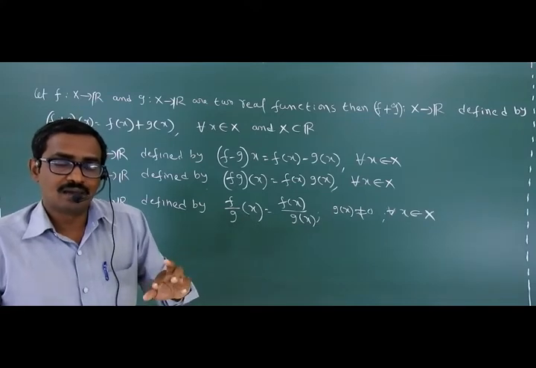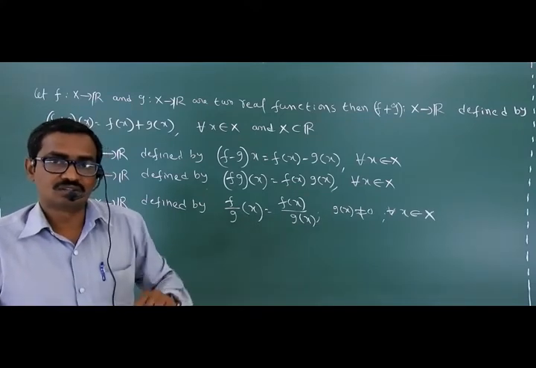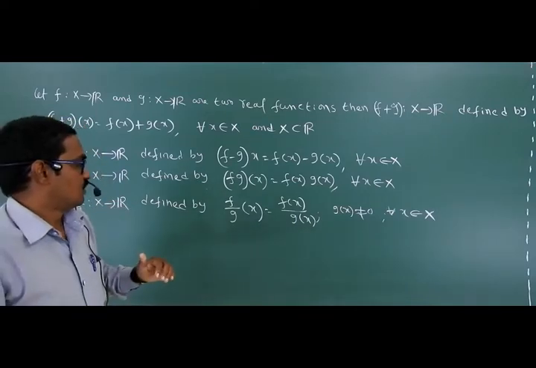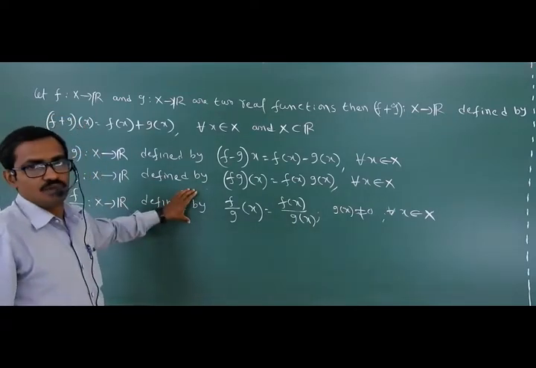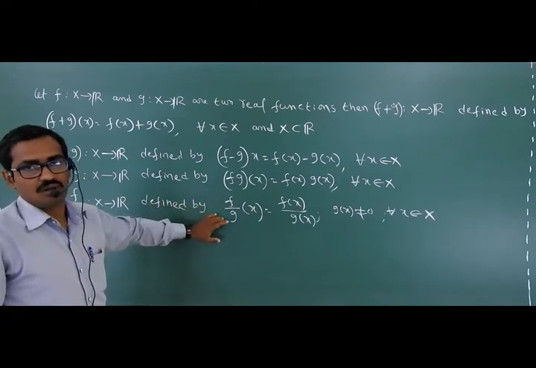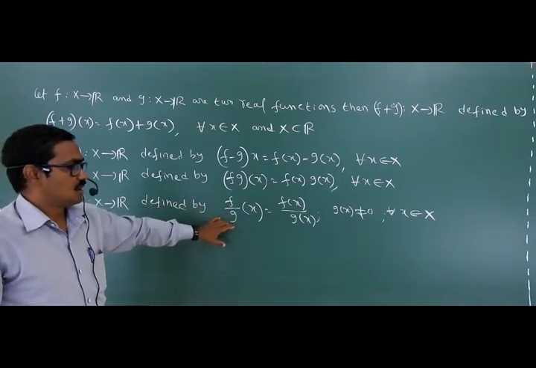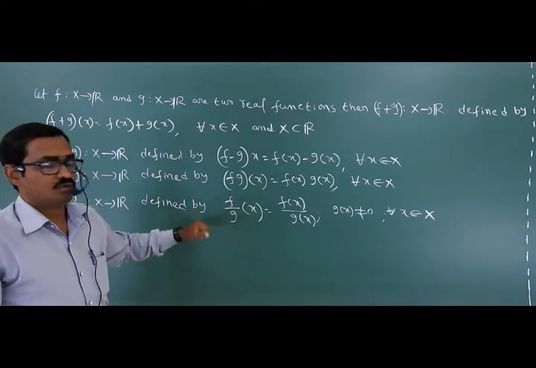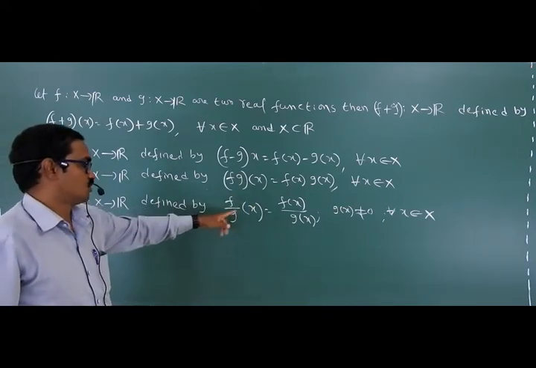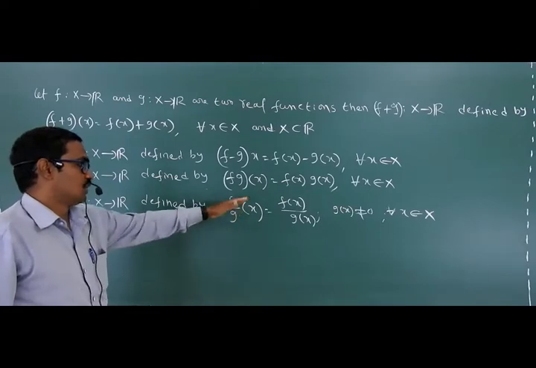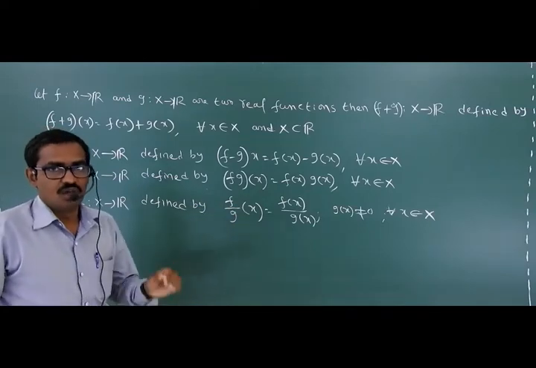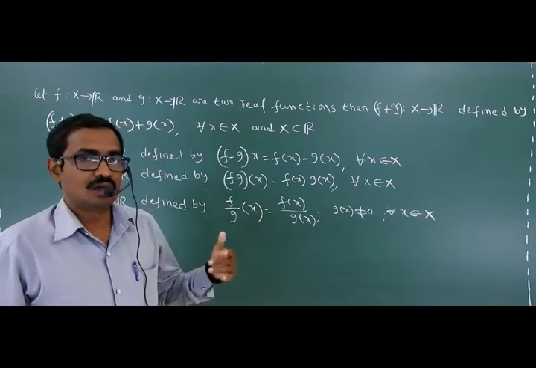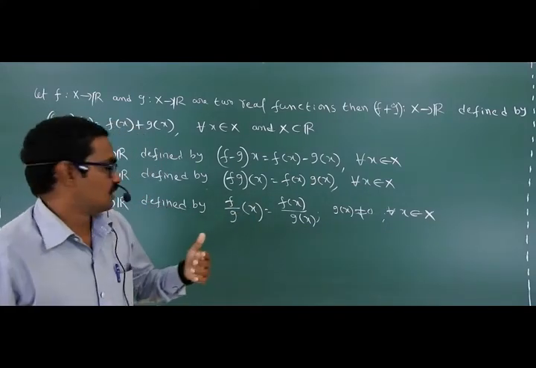If you multiply any two real functions, the resulting function is also a real function, and division also. If we divide one real function by another real function, it depends on their domain of definition, then (f by g)(x) is equal to f(x) by g(x). If you multiply any real function by a scalar, then the resulting function is also a real function.